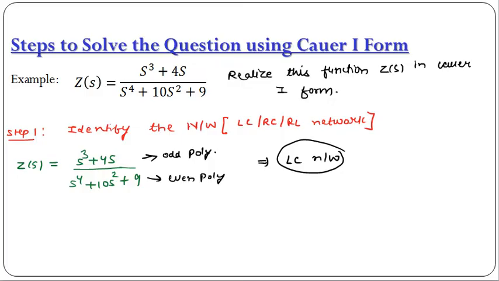Now in the second step we will perform the division. When we are performing the division, the highest degree polynomial will come in the numerator and the lowest degree polynomial will come in the denominator.